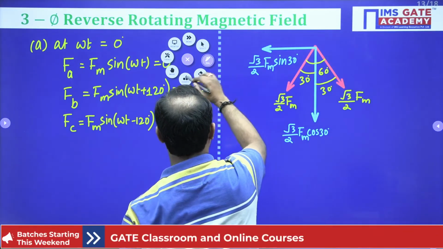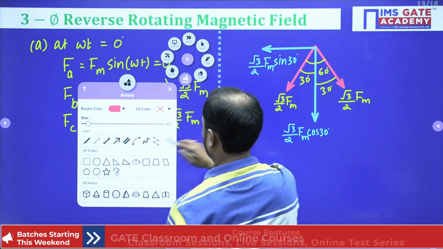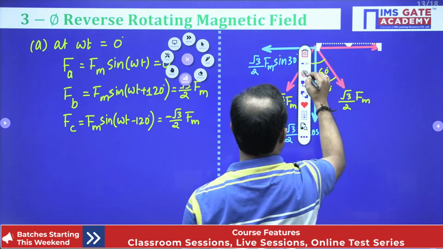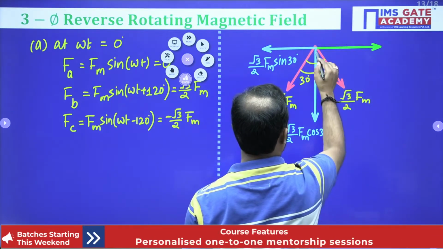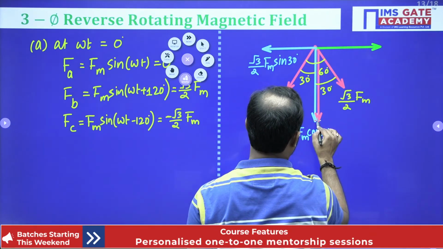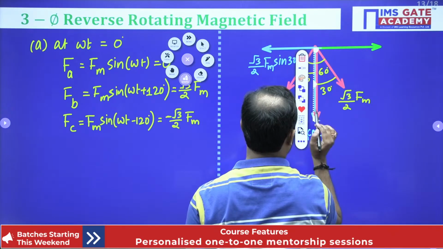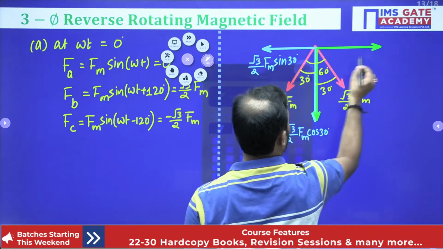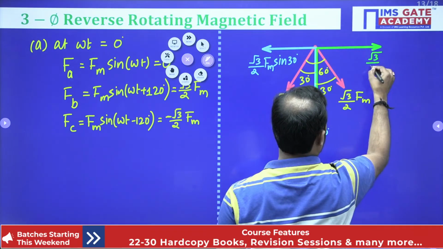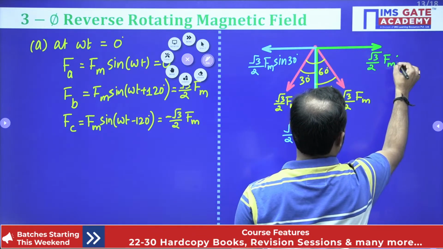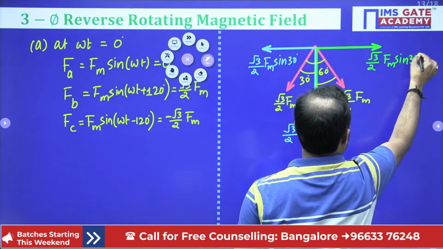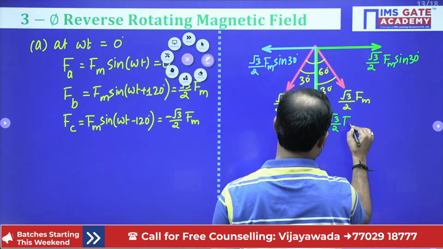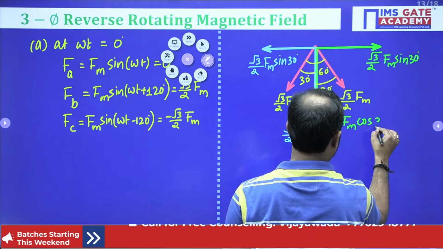Let us resolve the other one as well, first horizontal and then vertical, with the same values: root 3 by 2 FM sine 30 and root 3 by 2 FM cos 30 degree.